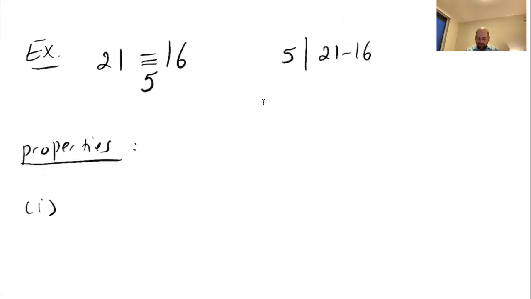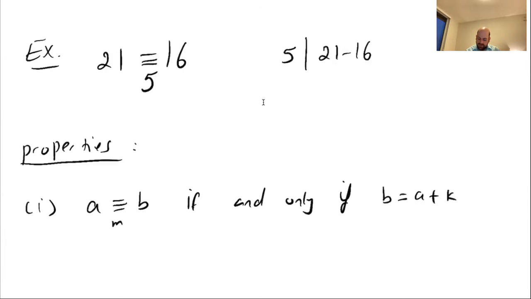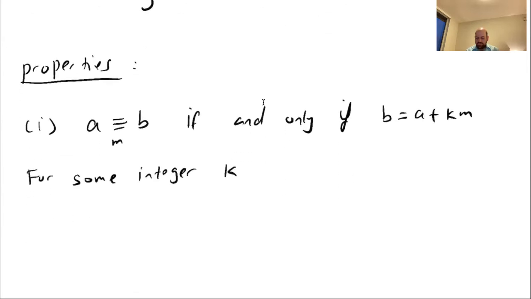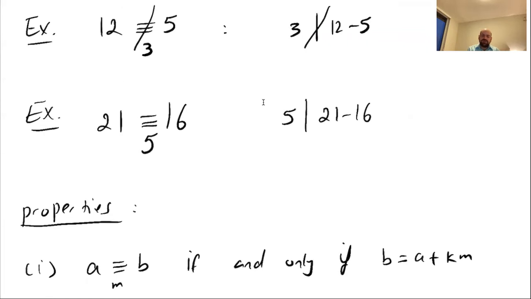So the first property, A is congruent B modulo M if and only if B is equal to A plus Km for some integer K. So two numbers are congruent if one of them can be written as the other one plus a multiple of M. So you could see in this example, 21 and 16 were congruent.